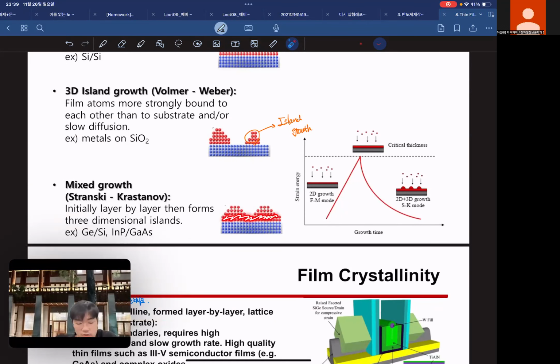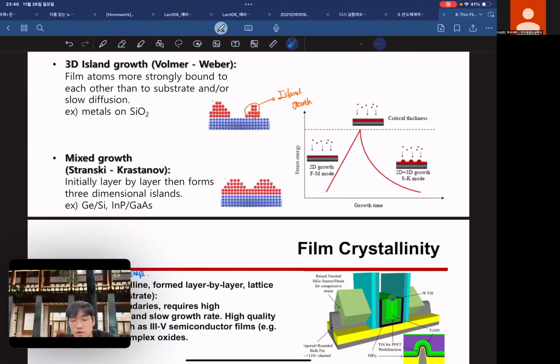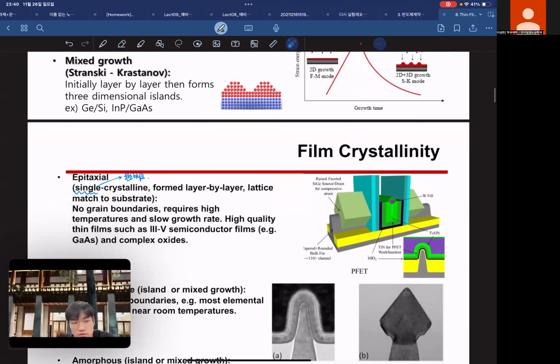At first the deposited film grows layer by layer, and when some condition is reached, the atoms bond to each other strongly, so it turns into island growth. This makes 3D structures on the surface.